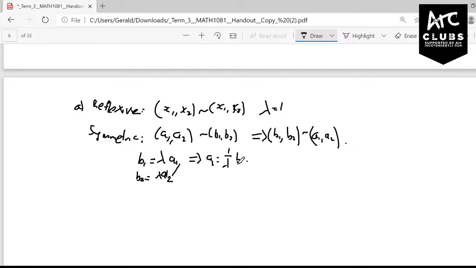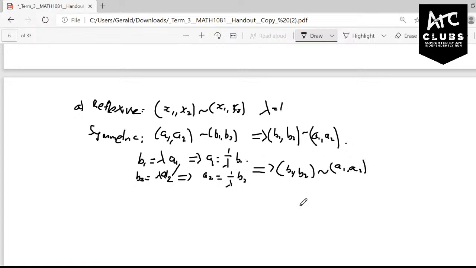Otherwise, we assume that it's not 0, and so we can divide by lambda. And in the same way, A2 is equal to 1 divided by lambda times B2. And what this means is that B1, B2 must be related to A1, A2.